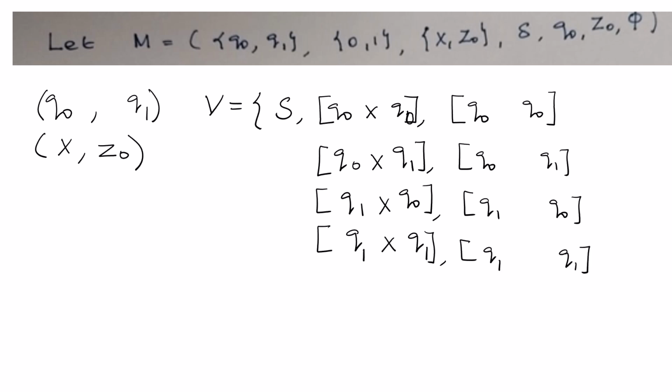We take here the stack symbol Z0 in each. So the total number of variables we get in this equivalent context-free grammar is 9. But all of these are not going to be useful symbols. After finding the productions, we want to remove the unwanted symbols which cannot be reached from the start state.